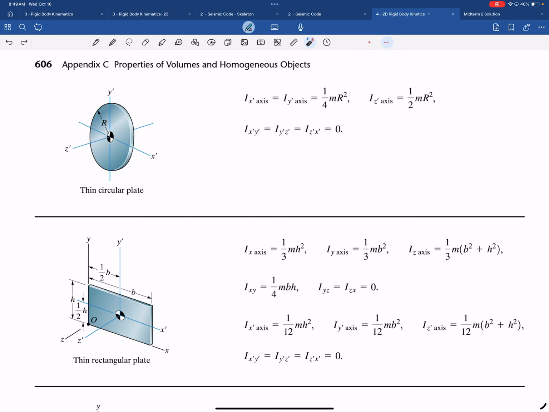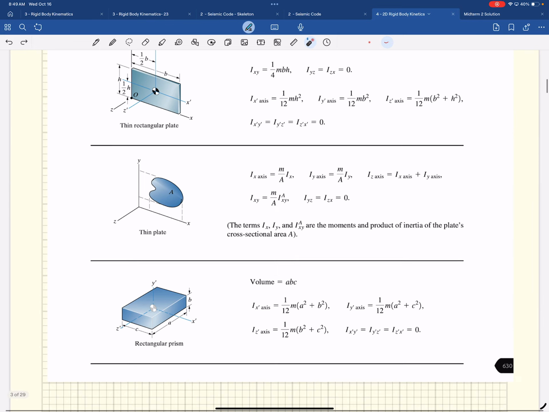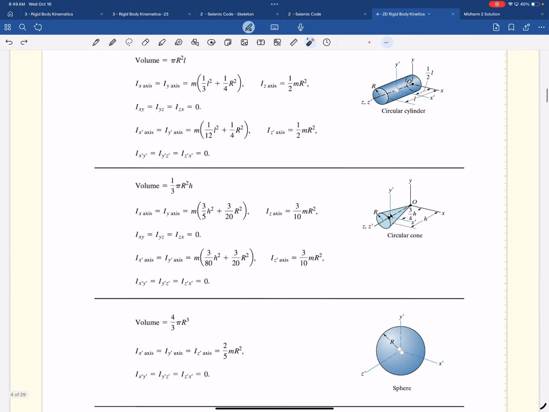So just be really careful. People know where to go find these things, but then they read them incorrectly. Same thing here: the y primes are through the center, and they also give you the moments of inertia about the bottom corner. That's going to be larger than about its center of mass, and they give you the equations for that. And then there are different volumes and such they could deal with as well.